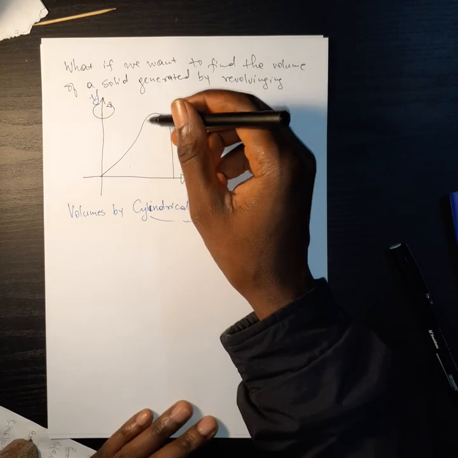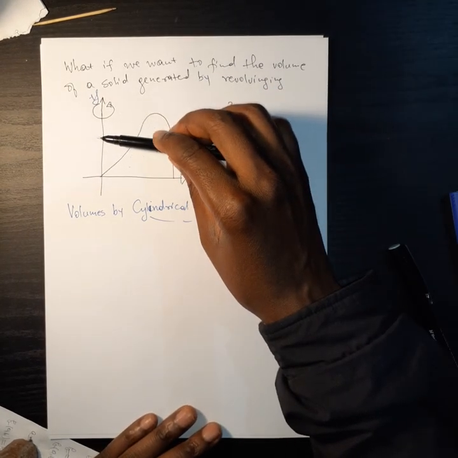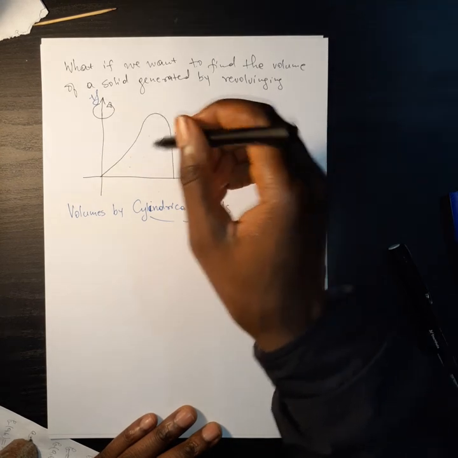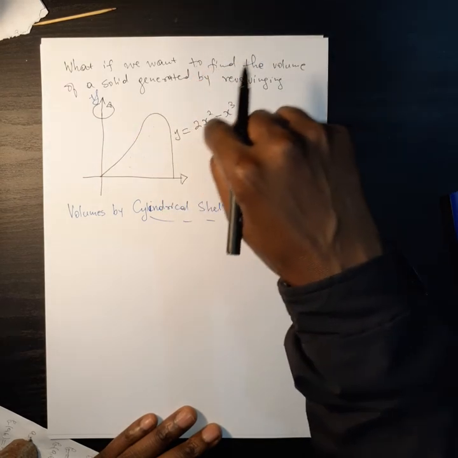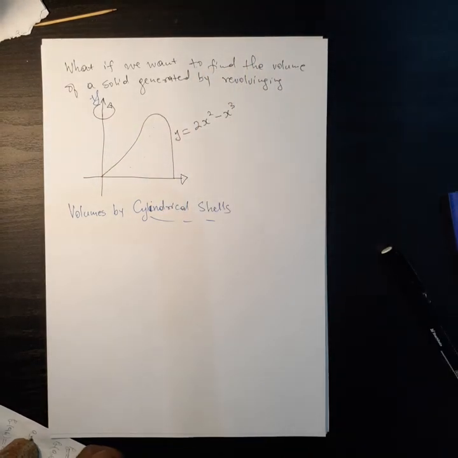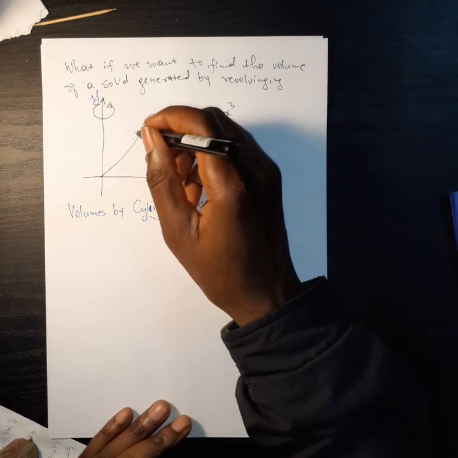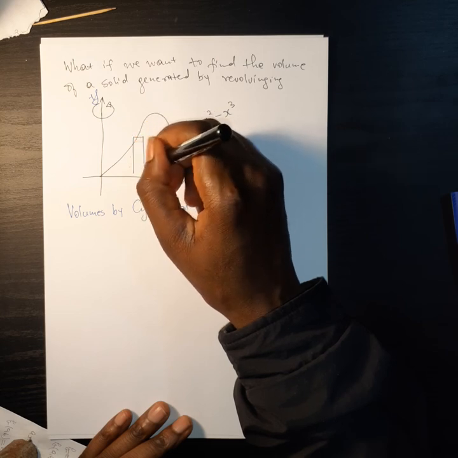So instead of drawing our representative rectangle perpendicular to the axis of rotation, because we can see that it will be difficult to make x subject of the formula here, we draw our representative rectangle parallel to the axis of rotation.